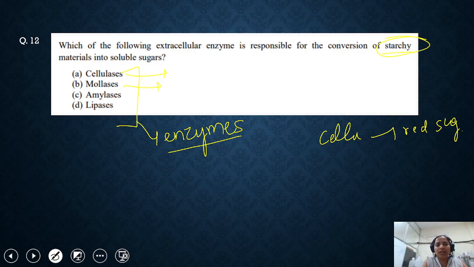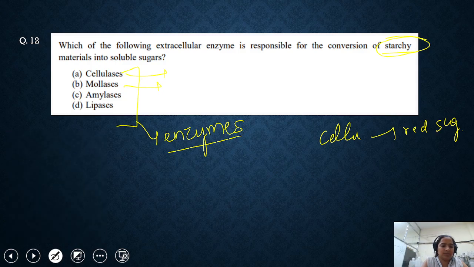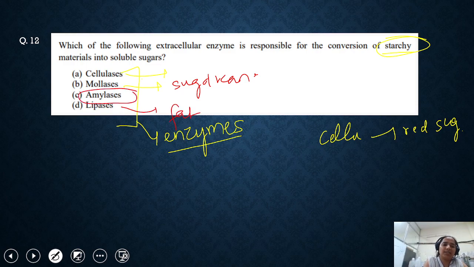This molasses enzyme is mainly used in the sugarcane industry. This lipase is also used for the reduction of fat. And this amylase we use for the conversion of starch molecule into soluble sugar. So this amylase is used for starch conversion.